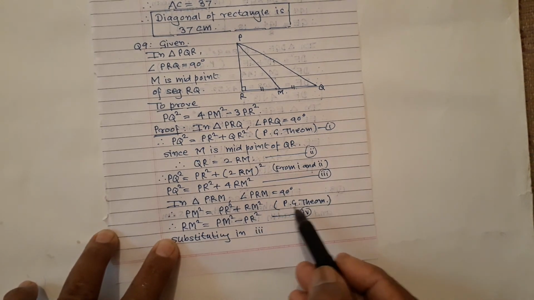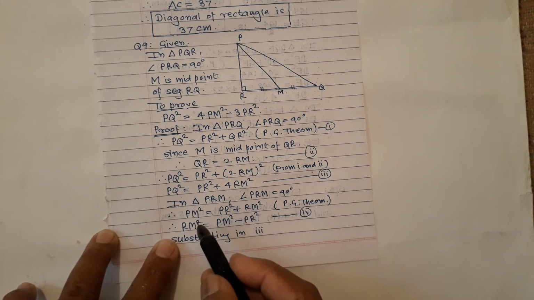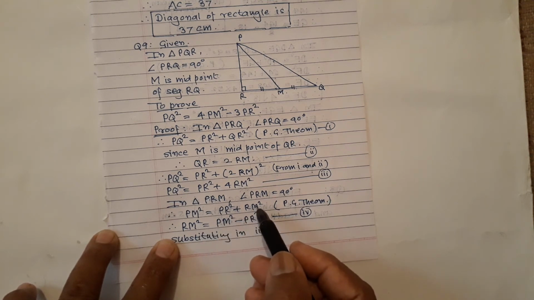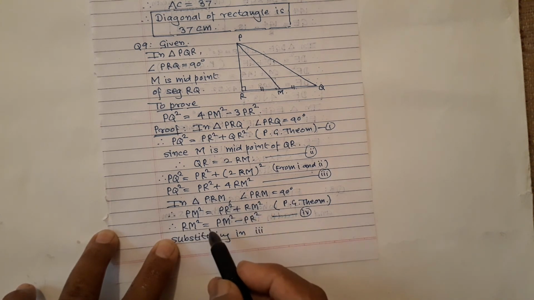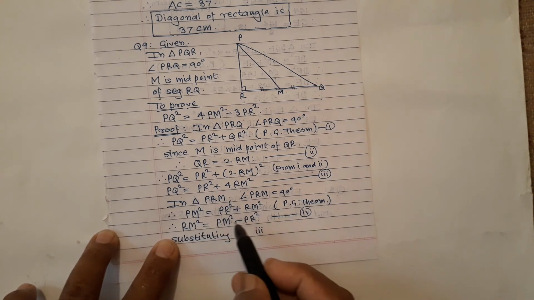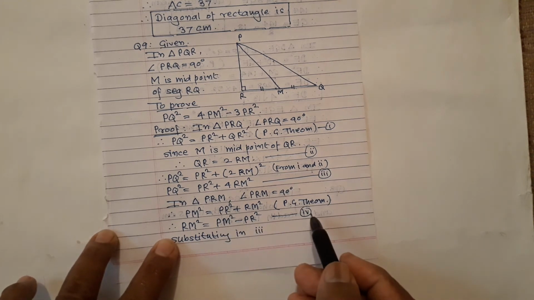Okay, Pythagoras theorem. And therefore RM square, RM I keep over here and this I transfer on this side. So RM square is equal to PM square minus PR square. Statement number 3.